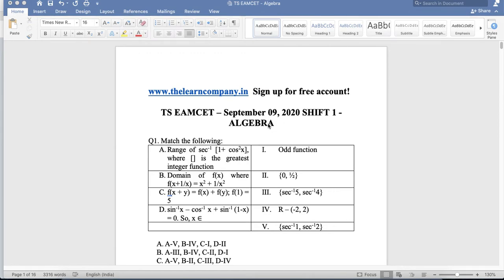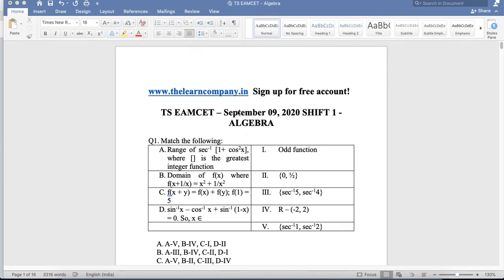In this engineering entrance exam, there are 80 questions for maths, and out of 80 questions 19 are algebra, so it's a very big weightage for algebra. If you have covered algebra sufficiently, you will get like 25% marks from this topic itself.